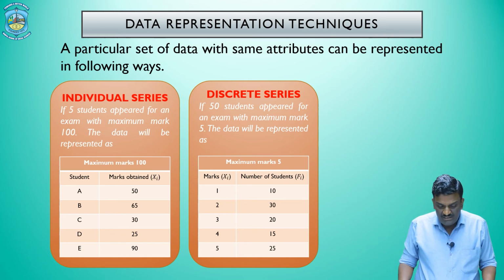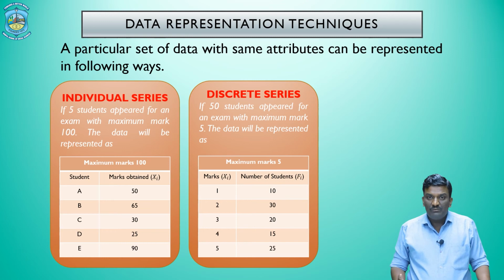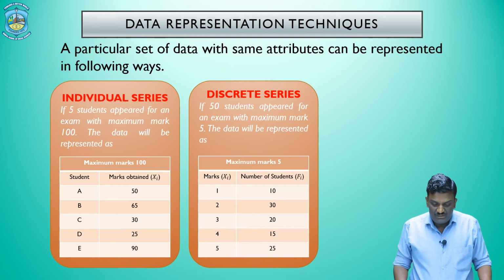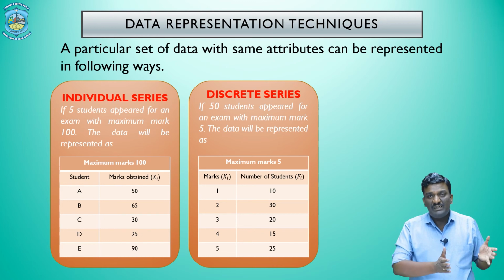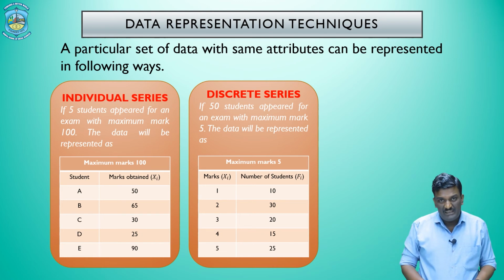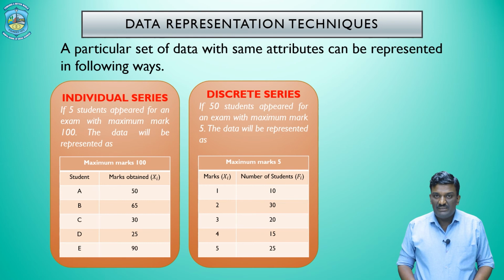Here you can see 10 students have scored 1 mark, 30 students scored 2 marks, 20 students scored 3 marks, 15 students scored 4 marks and 25 students scored 5 marks. So when we are using the frequency for representing a particular data, that is called as discrete series.